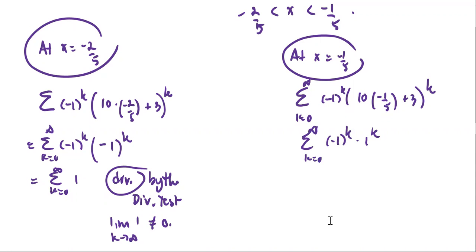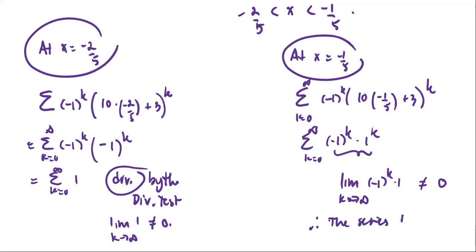This case also diverges, because the limit of negative 1 to the power k times 1 as k approaches infinity will not be 0; the limit doesn't exist. So then it also diverges at x equals negative 1 over 5 by the divergence test.